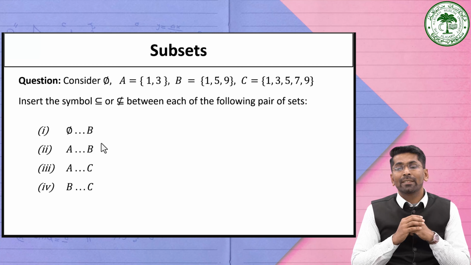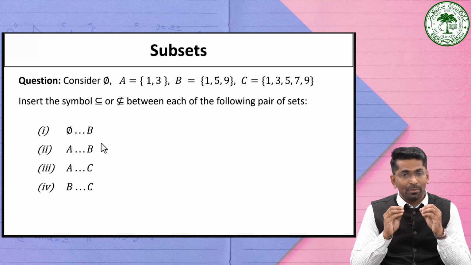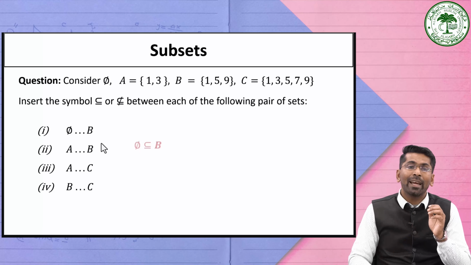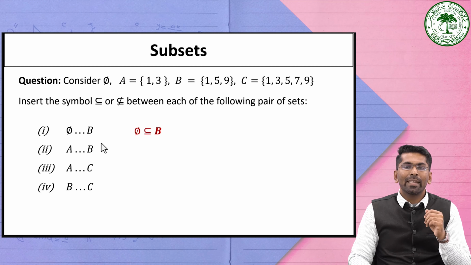In the first case, we know that the empty set is a subset of each and every set, including set B. So we can say that phi is a subset of B. Similarly, the second one: is set A a subset of B or not?